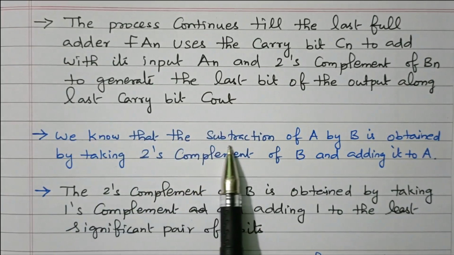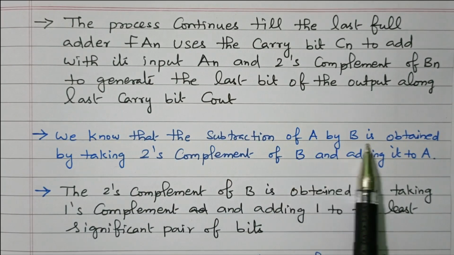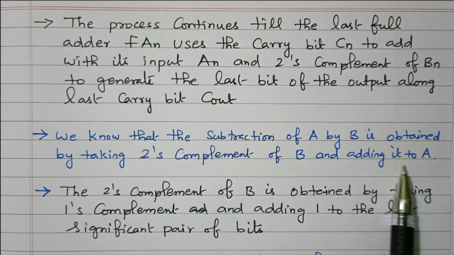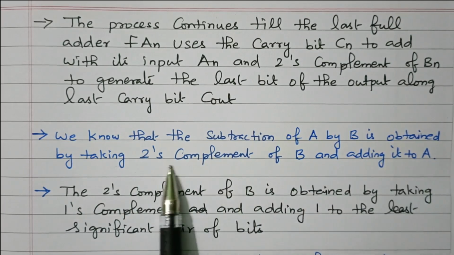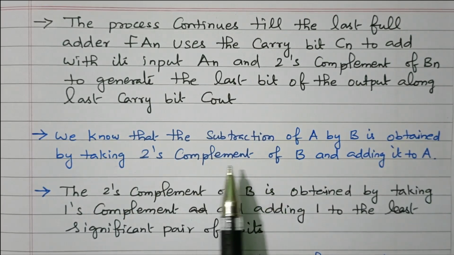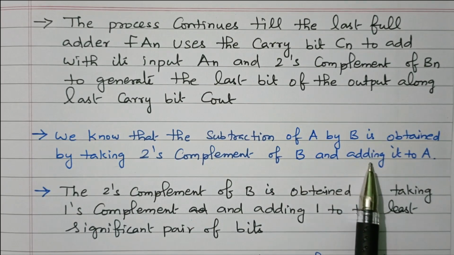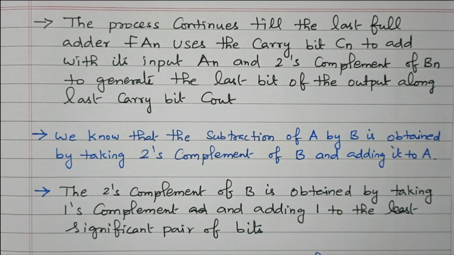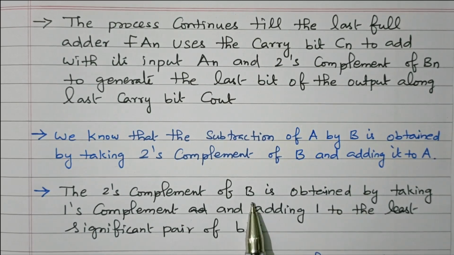We know that the subtraction of A minus B is obtained by taking the 2's complement of B and adding it with A. So that is the basic thing. The 2's complement of B is obtained by the 1's complement and adding 1, as we already discussed.